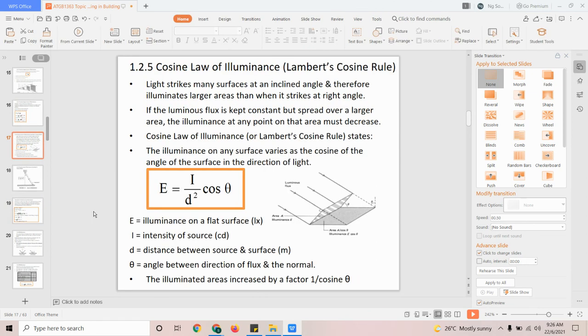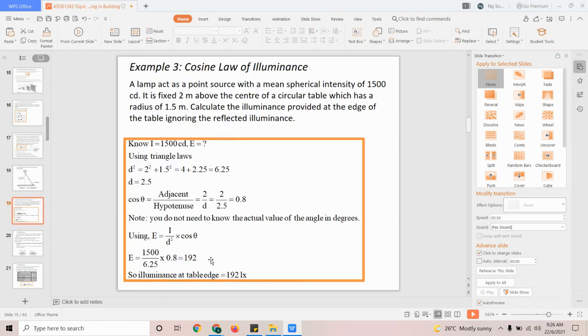As you notice here, the cos theta gives a multiplication value of less than 1. This showcases that at the edge of the table, you're getting a lesser value of lux on the surface.